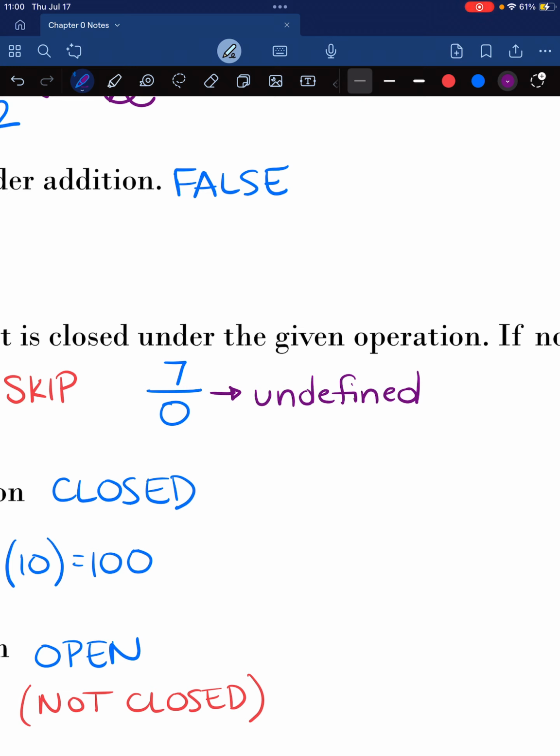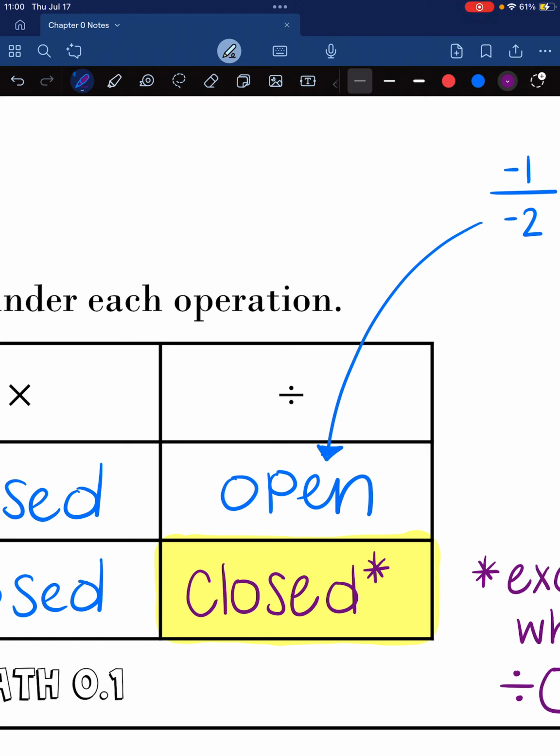And an undefined solution doesn't belong to any set, right? So since you don't even get an answer to this problem, it's almost like it's an example that you can't really use in the first place. So you will get some people that say, and it's not just some people, it is mathematicians, that rational numbers are functionally closed or contingently closed under division.